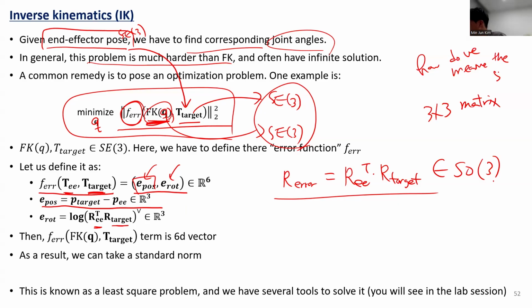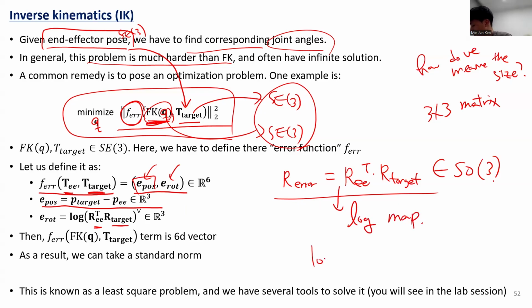For vectors, we can just take a norm. Norm gives you the size, the length of a vector. But the size of a matrix is a little bit intriguing. So here we just take a log map.